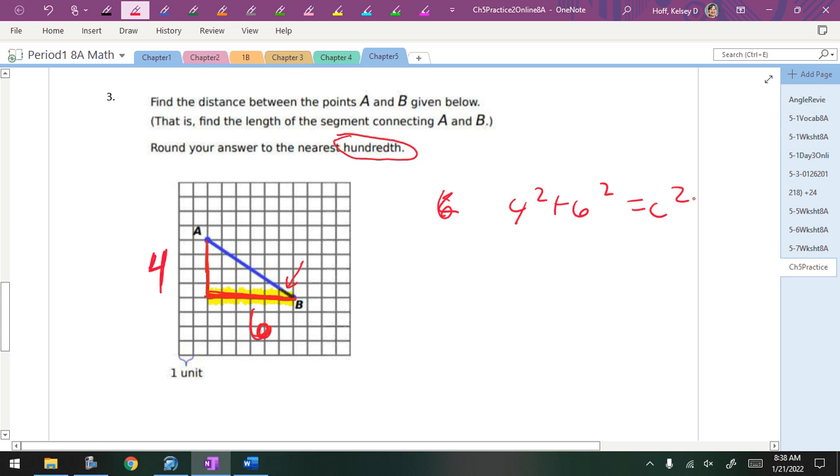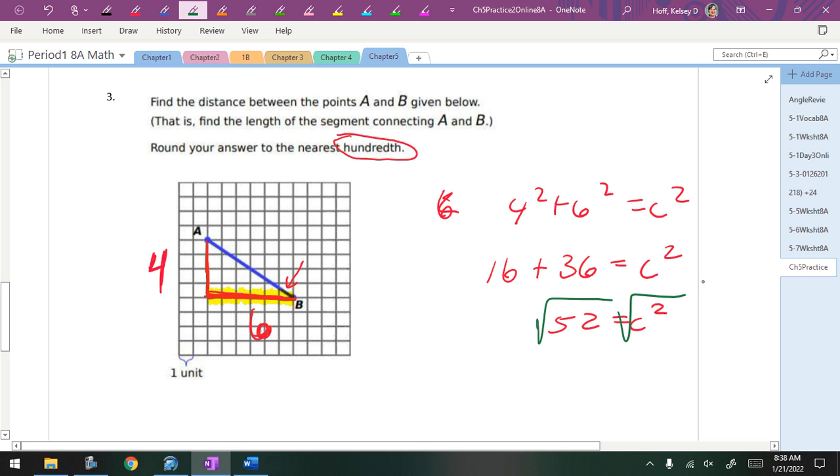Okay, you guys calculate what c is. Now notice it says nearest hundredth. Nearest hundredth, that's 2 digits after the decimal. That's 52, right?